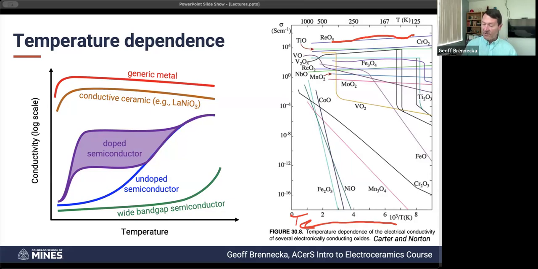You're just decreasing the mobility as you heat things up. On the other hand, you've got these that are very strongly temperature dependent, and that basically means that as you get hotter, you're activating more and more electronic carriers that are contributing, and that's why you get such a very steep contribution to conductivity.